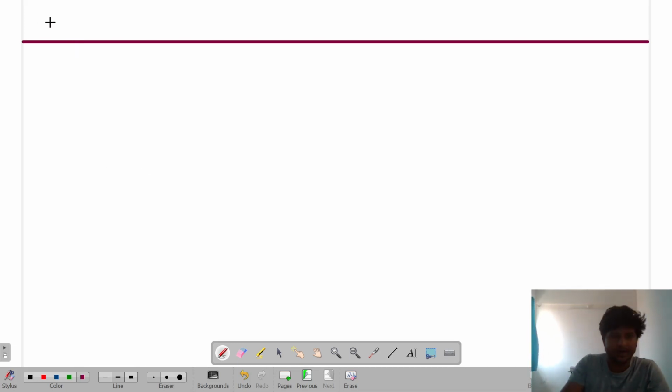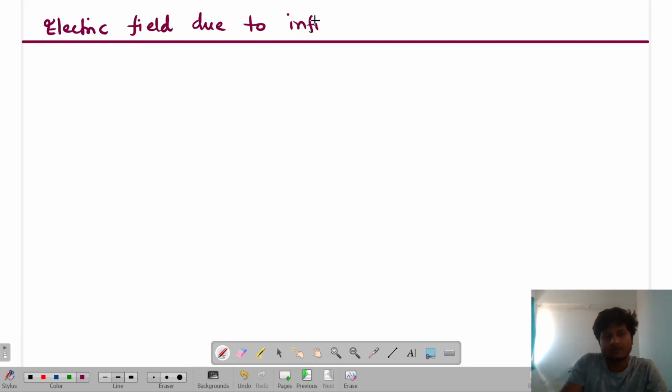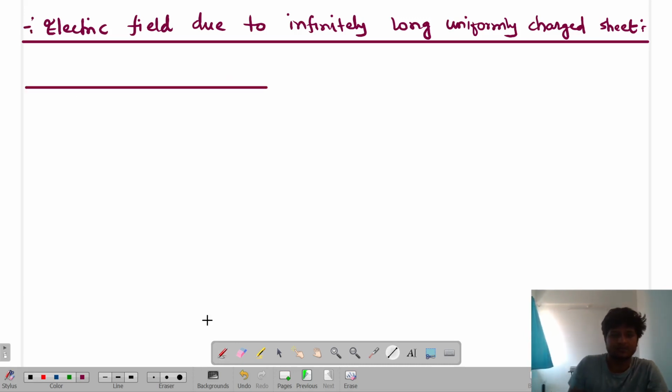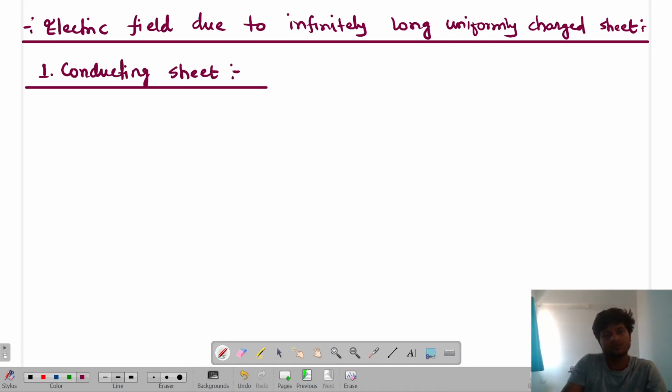So to discuss this, look over here, give the heading: electric field due to infinitely long uniformly charged sheet. ठीक है? The first case of it, conducting sheet.